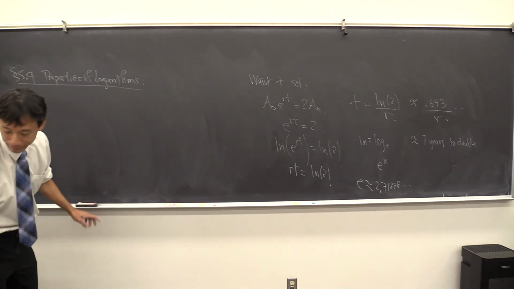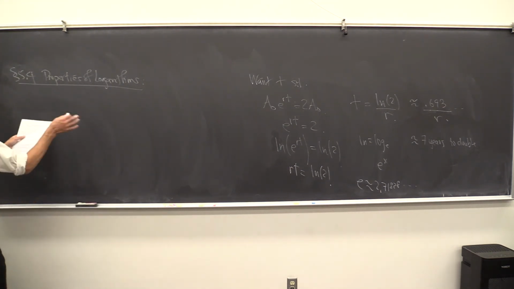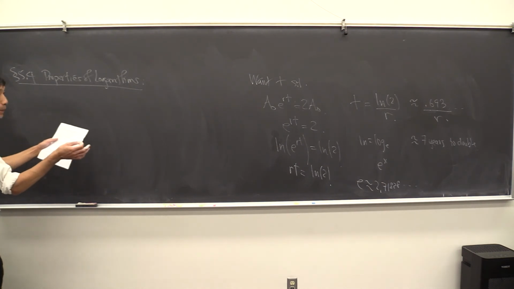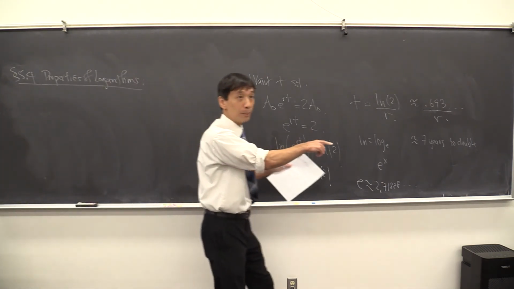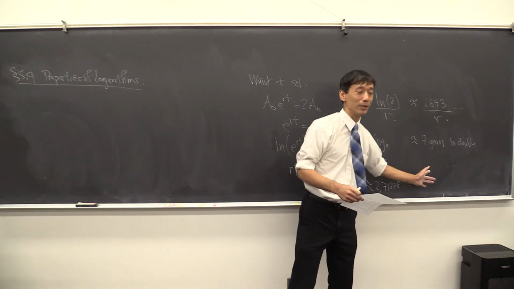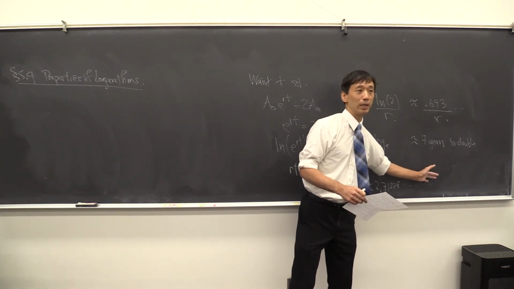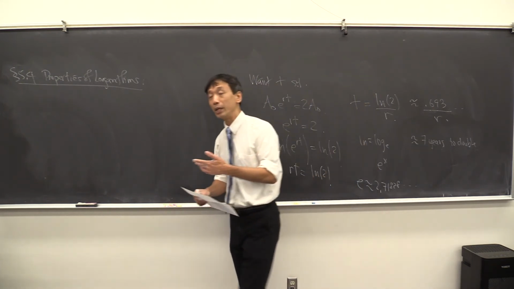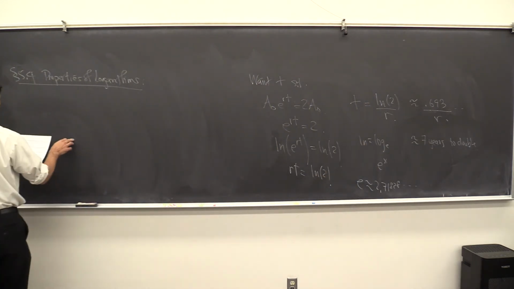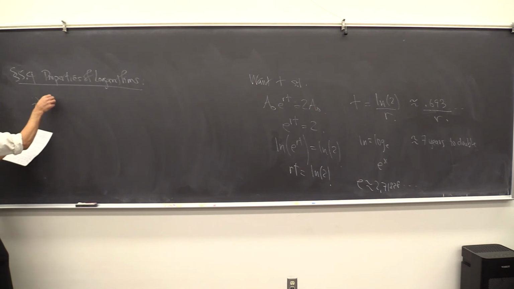Okay. Properties of logarithms. There are two properties, just like there are two main properties of exponents, and this is not a coincidence. Because there are two main properties of exponents, there are two corresponding properties of logarithms. And they go like this.